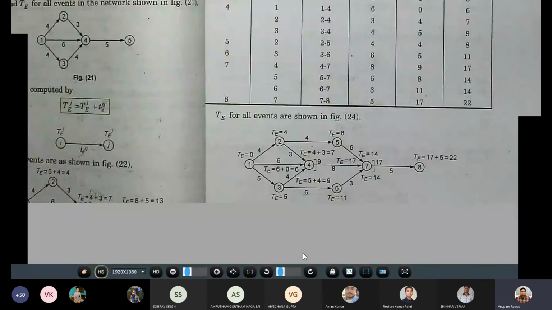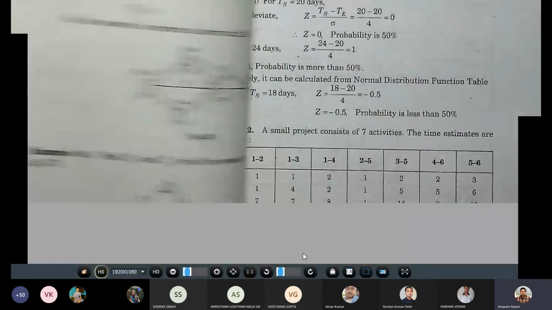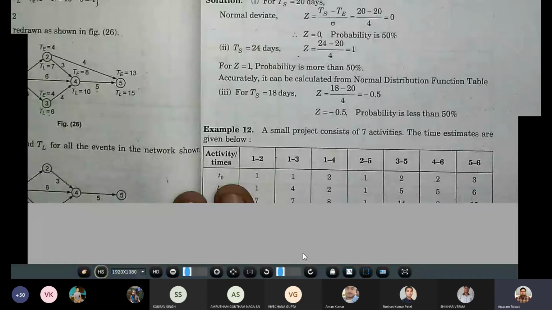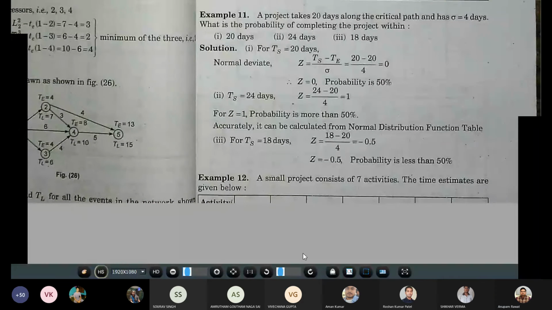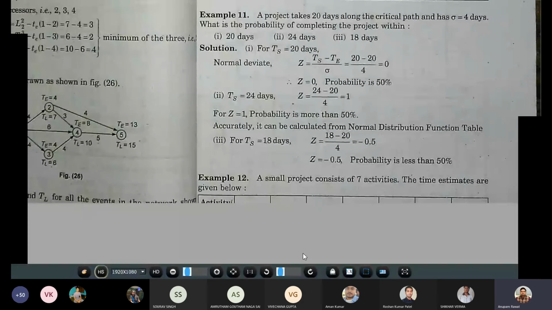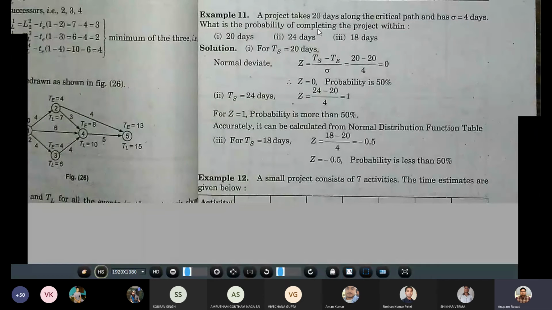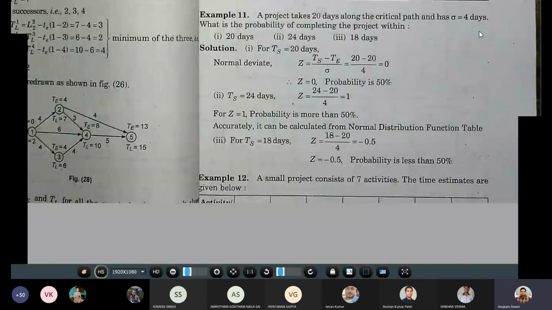This is the example. Now, let us see another example related to probability. There is a project that takes 20 days along the critical path, and the value of sigma is 4 days. What is the probability of completing the project within 20 days, 24 days, and 18 days?